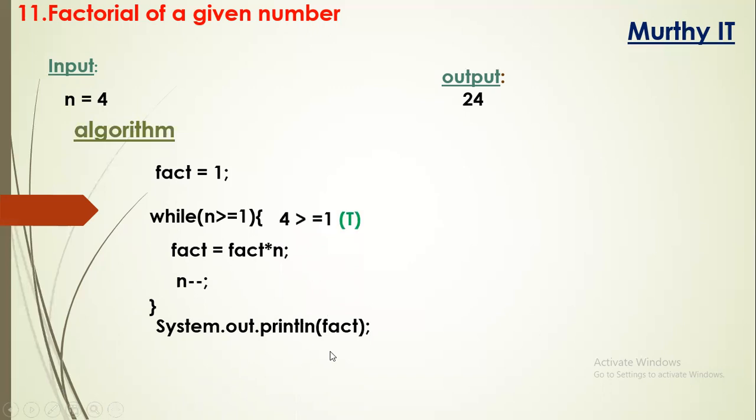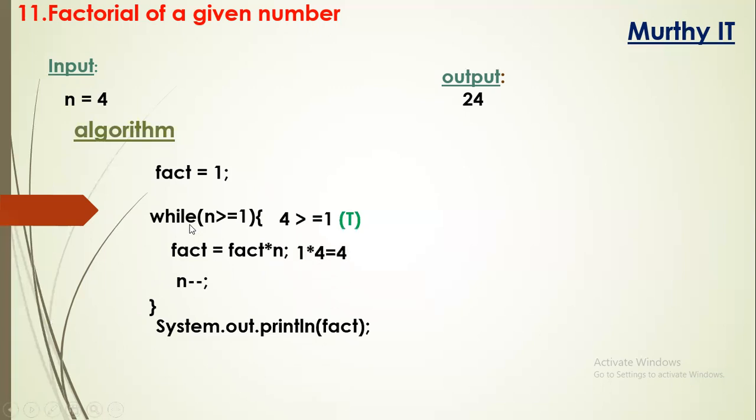Here, the first iteration: 4 greater than or equal to 1. So it's true. Then it will enter into this loop and it will execute this first line, fact equal to fact into n. In the fact variable, what value is there? 1 is there. So 1 into 4, the 4 value will be stored in the fact variable.